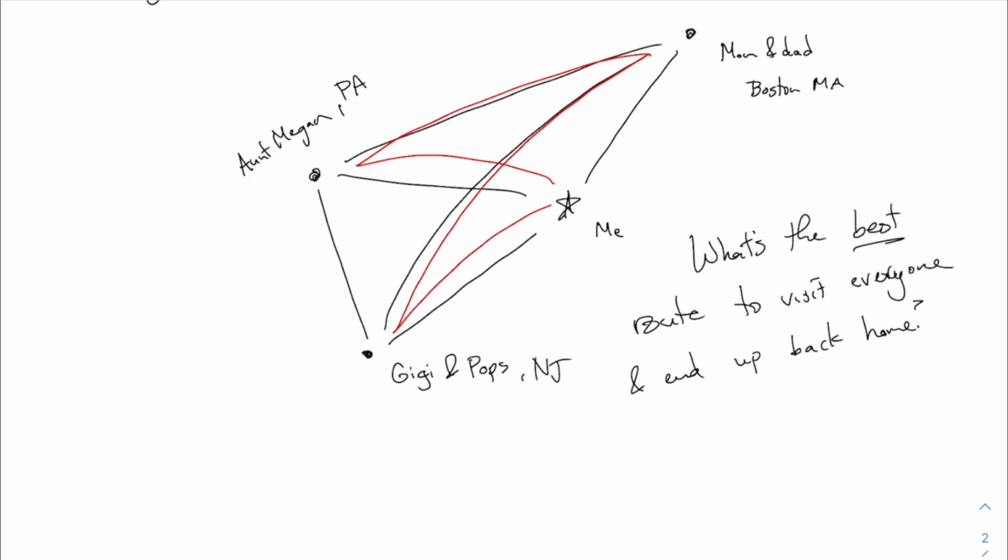All right, this whole problem is called the traveling salesman problem. The name comes from the scenario I'm describing, which is about me trying to visit my family, but the name comes from the concept of a traveling salesman who has a big list of houses that he needs to visit to sell his typewriters or whatever, and it's up to the traveling salesman to decide in which order should I visit these 10 addresses that I have on my list.